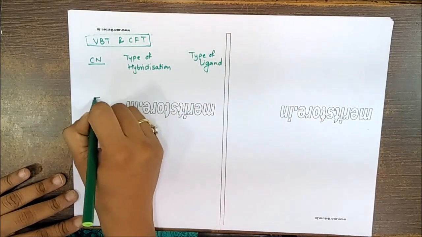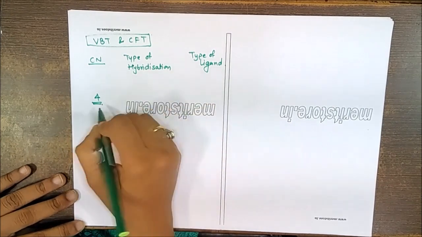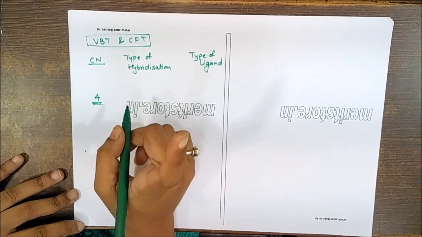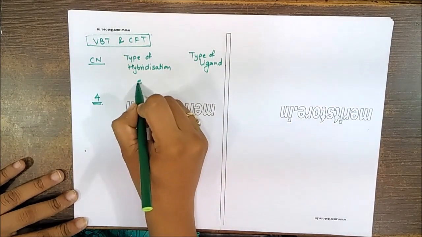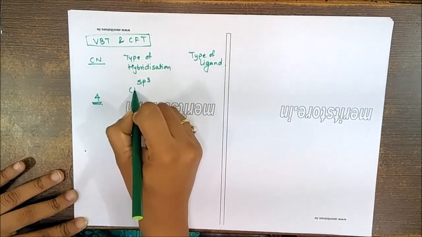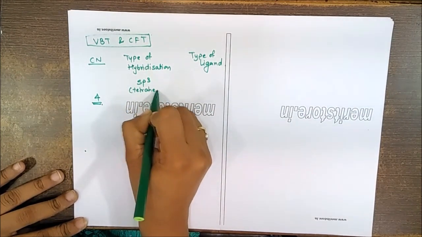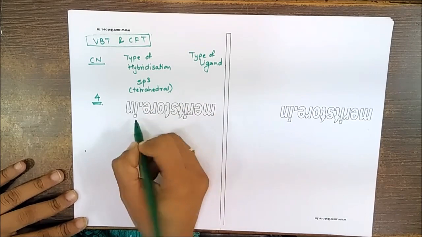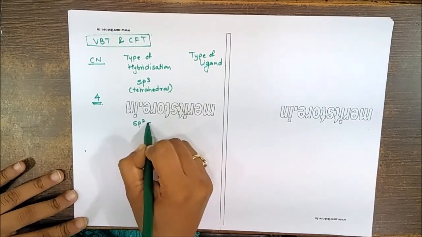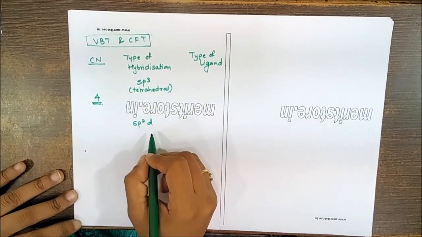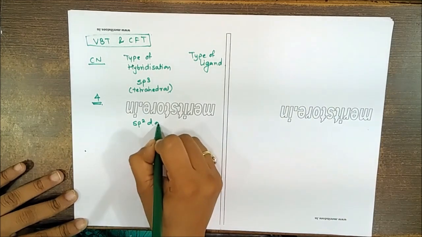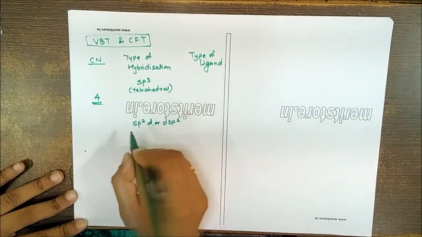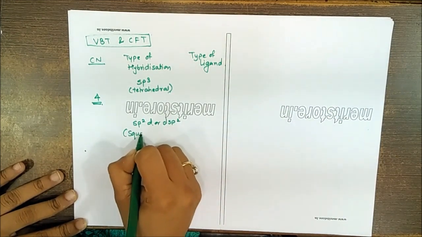Now first let us talk about coordination number 4. In coordination number 4, we have two types of hybridization: sp3 hybridization, giving us the tetrahedral geometry, and dsp2 hybridization, giving us the square planar.